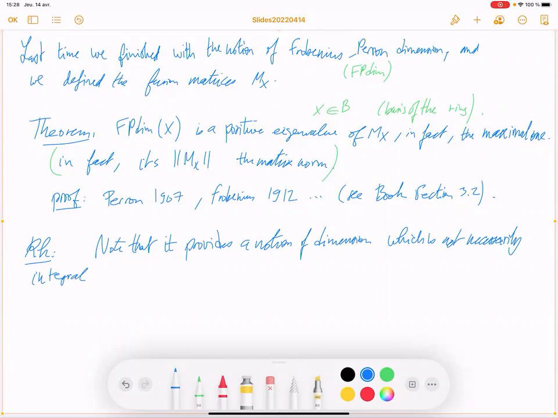Not necessarily integral, but still algebraic. It's not an integer. It's an algebraic integer, but not an integer in general. Okay.